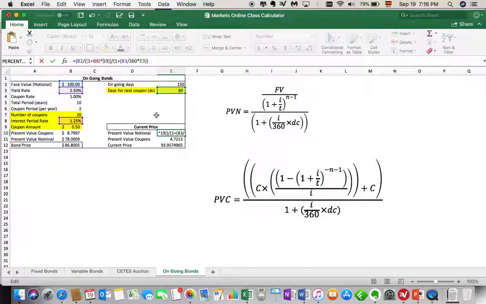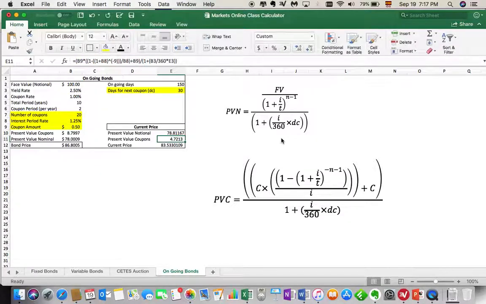Well, we also calculate the present value of that. That is this part underneath: 1 plus my interest rate over 360 times the days of the coupon. So you're calculating the present value up to period 1, and then the present value from period 1 back 30 days.